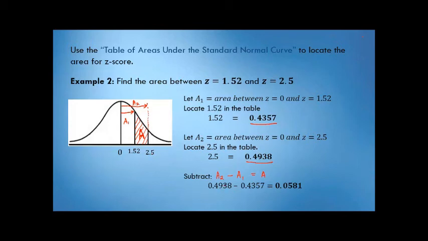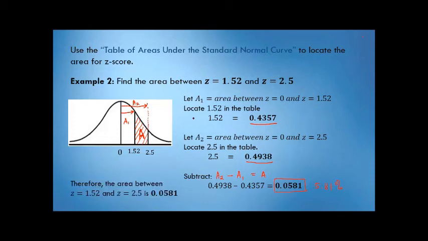So again, ang area to natin ay 0.4938 minus area 1 which is 0.4357. The answer is 0.0581. So sabi ko nga, dahil decimal to, pwede rin natin i-convert into percent which is 5.81%. So pareha siyang area, ito area in decimal, ito area in percent.